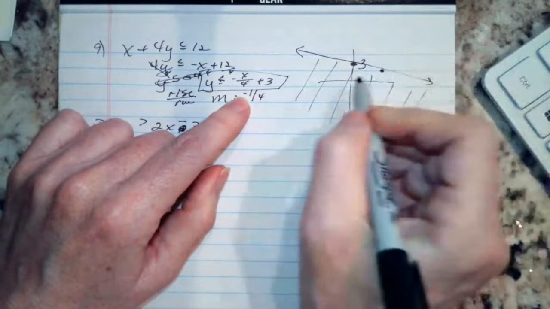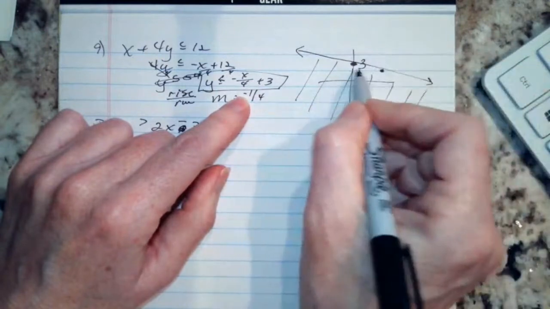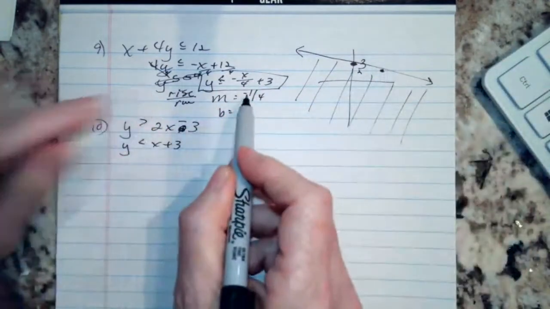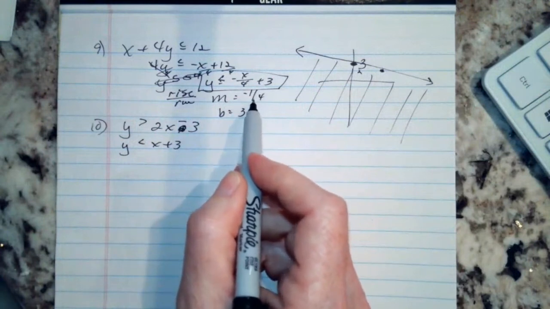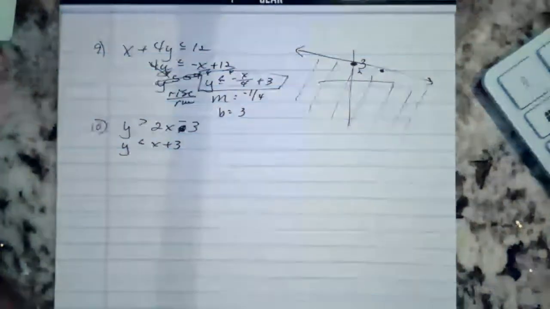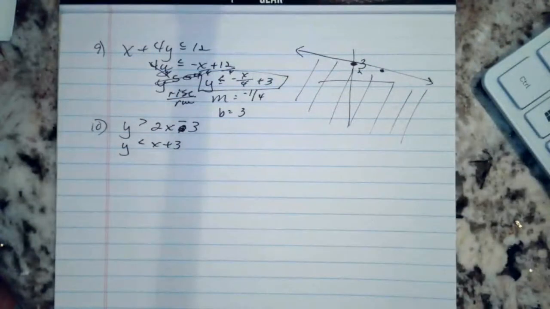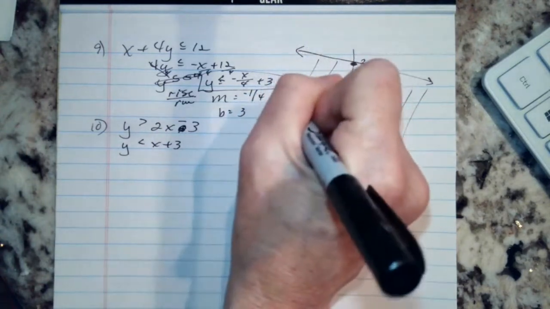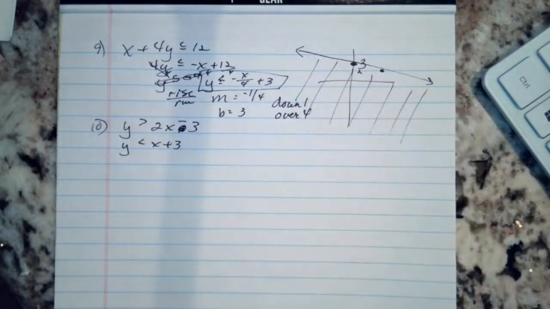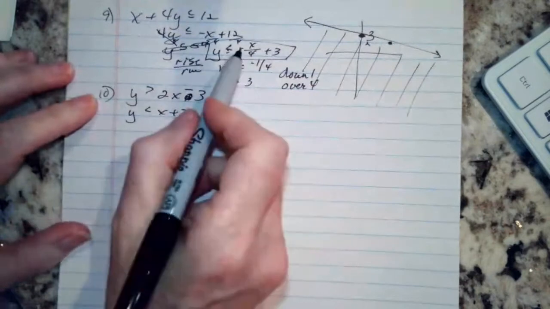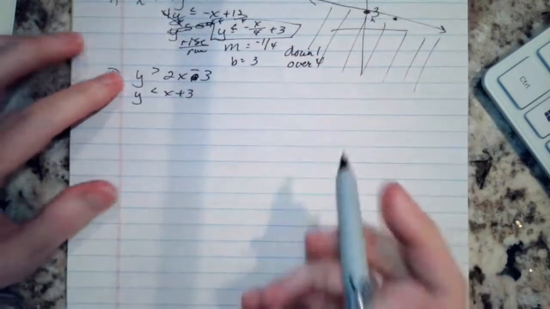This is 3. So I'm going down 1 to about 2, and then over 4. So the top number tells you up or down, and the bottom number tells you sideways. I went down 1 and over 4, only because it's a negative.